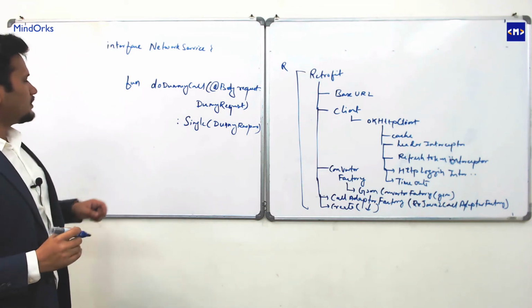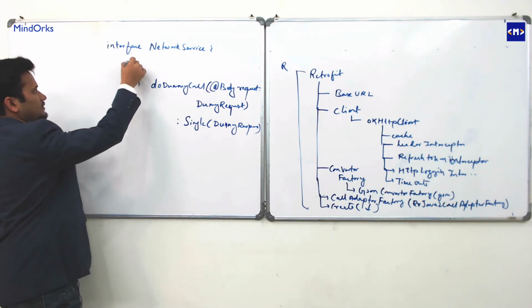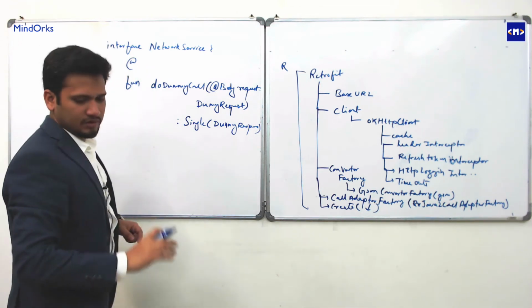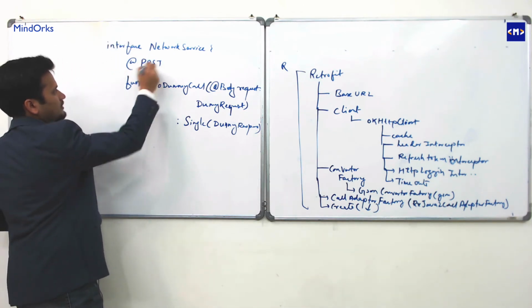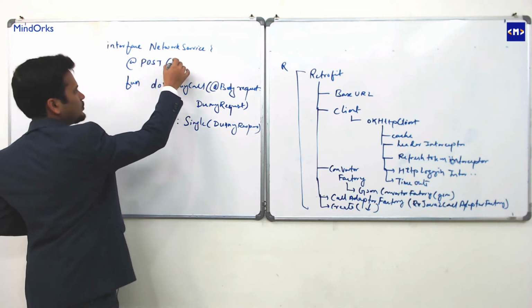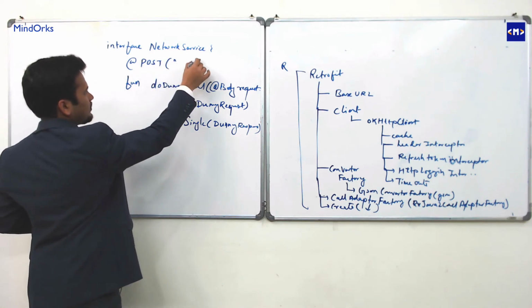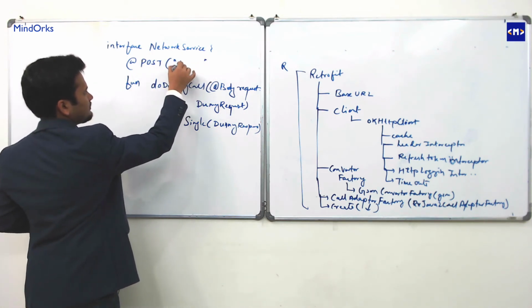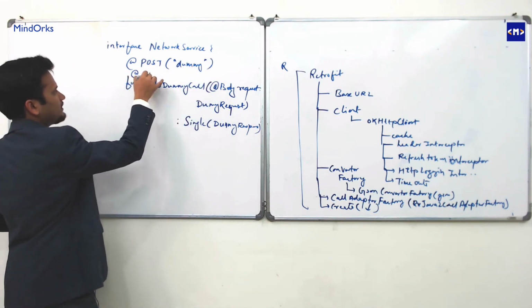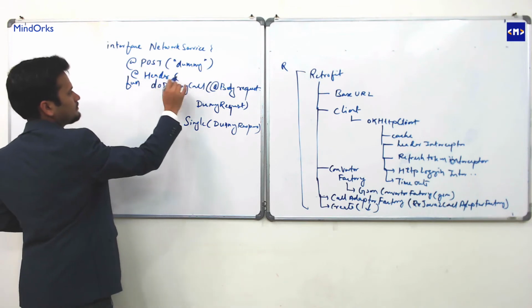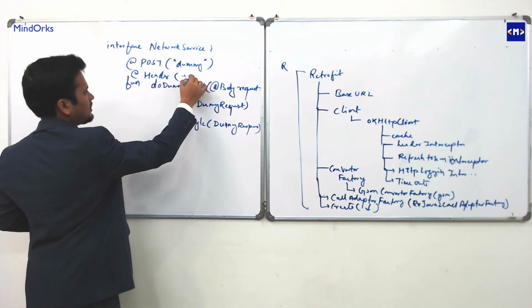And I have marked a few things here. First is the method and the URL. This is a POST method and the URL, for example, I have called it dummy. And there is a header, call it public.